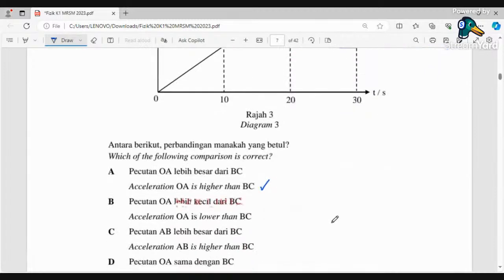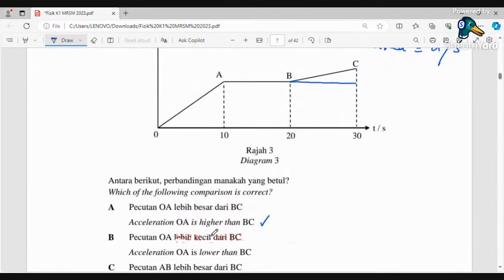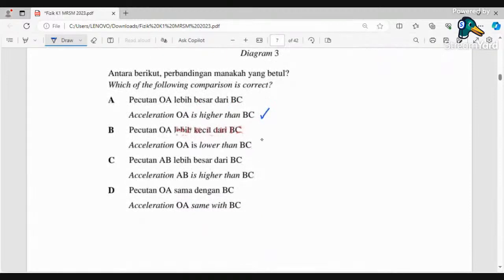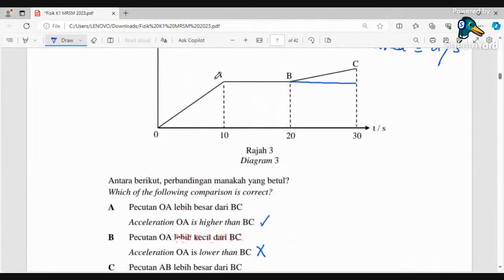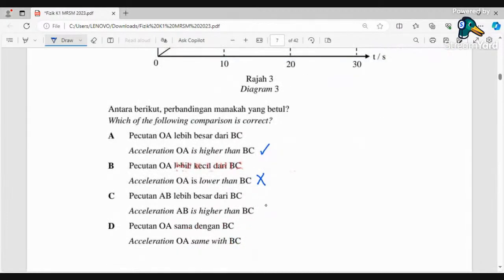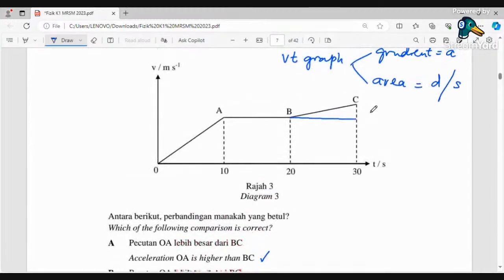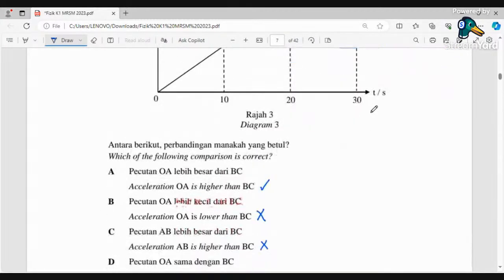Acceleration OA lower than BC, no, it's just wrong. AB is higher than BC? AB acceleration is 0, so it's wrong. OA same as BC? Of course not. So the answer ialah B.